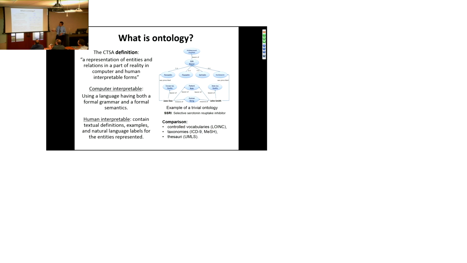The CTSA definition is a representation of entities and relations in a part of reality in computer and human interpretable forms. So the computer can process it, and a human can read it. For example, we have some form like this one: selective serotonin reuptake inhibitor drugs.